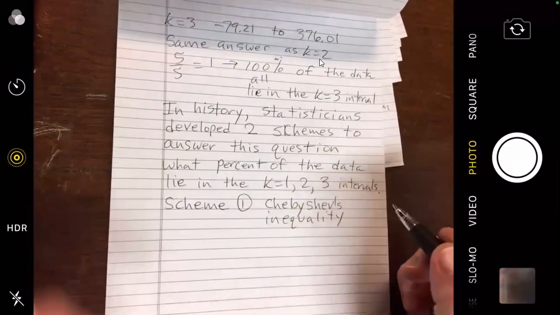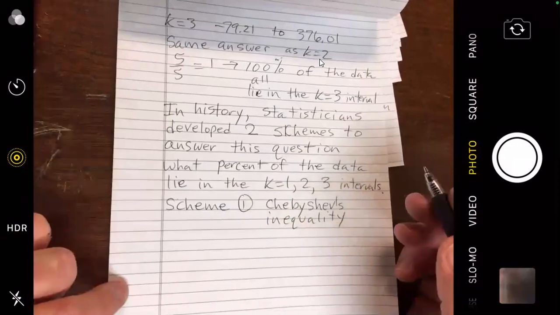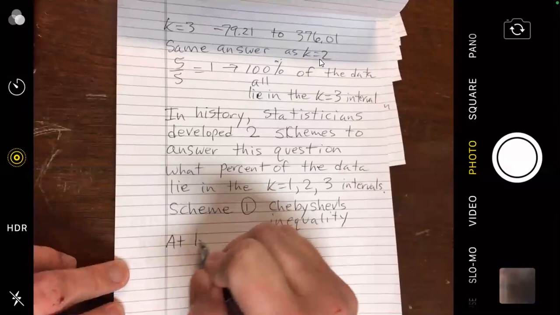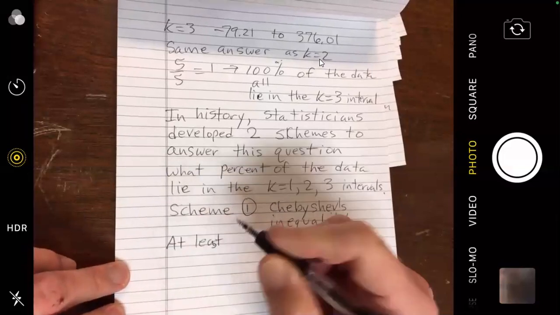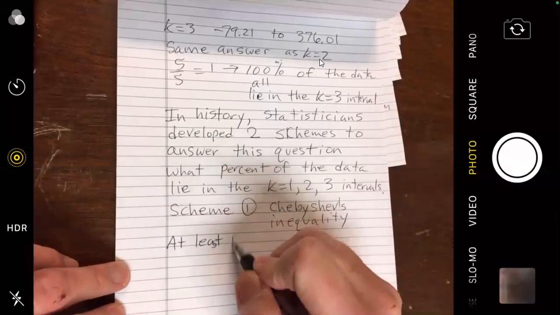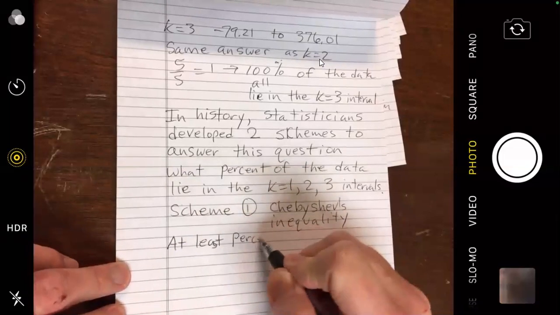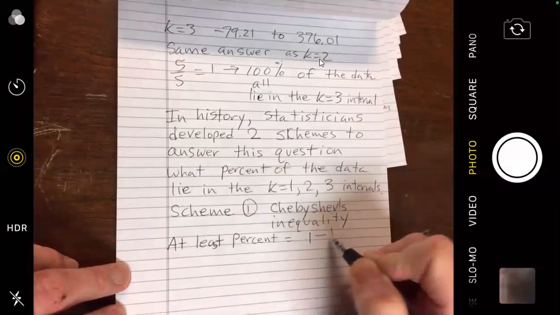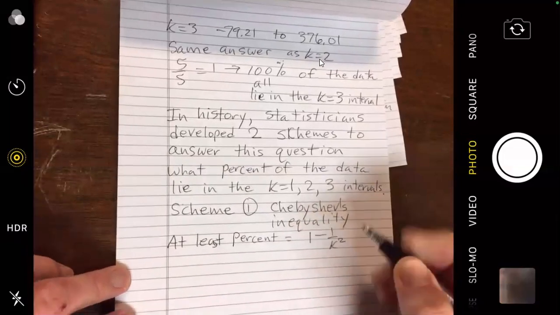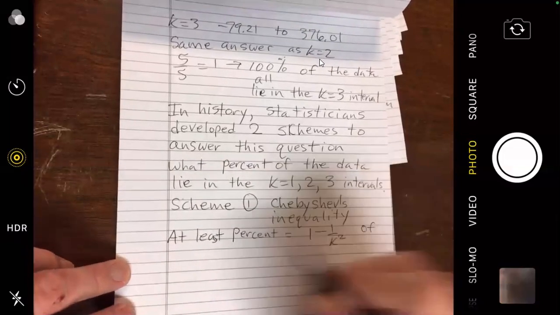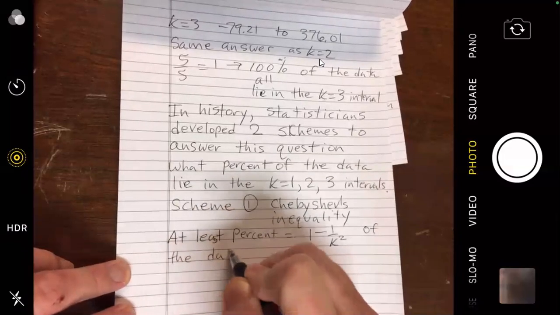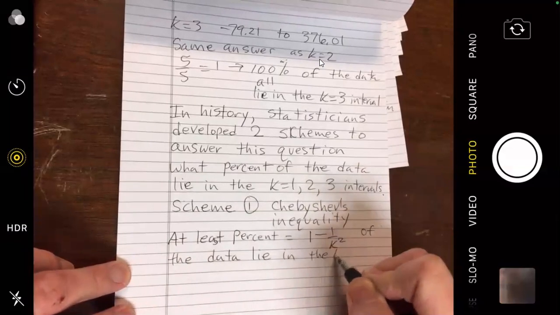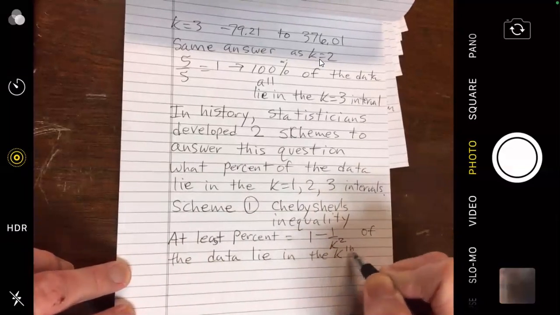It was a Russian guy named Chebyshev in the 1800s. It's written this way, but it probably won't make a lot of sense at first. He gave a formula for it: the percent, 1 minus 1 over k squared, of the data lie in the kth interval.